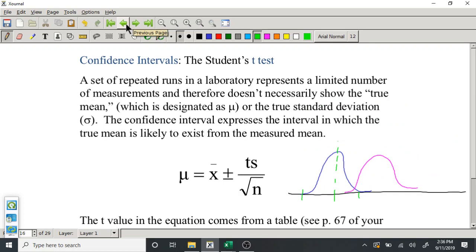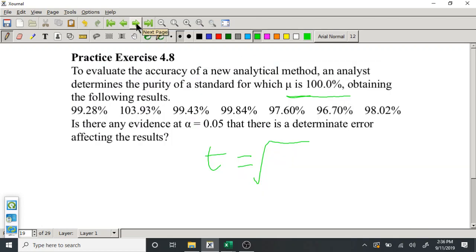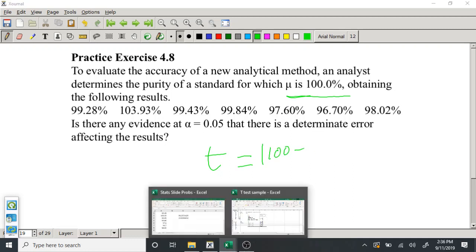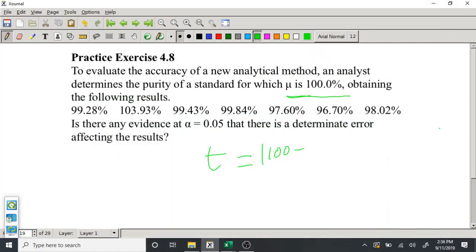So in this particular case, we have 7 values. So we're going to say it's the absolute value of 100 minus our average, 99.257. That's probably way too precise.